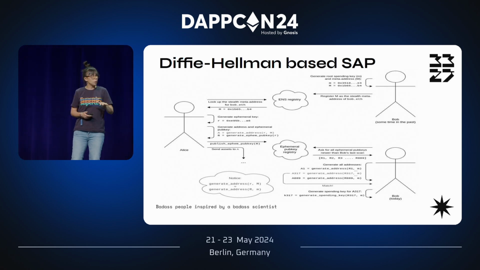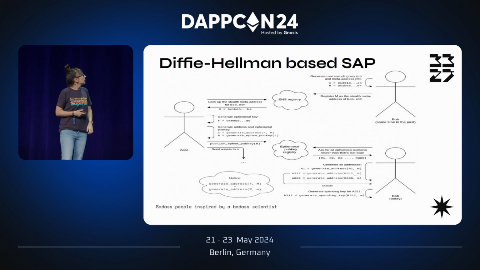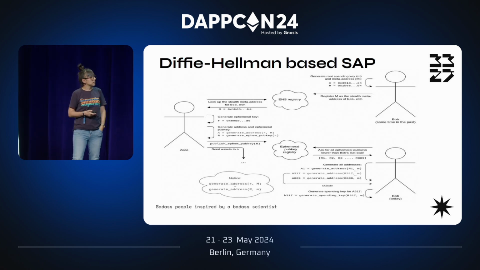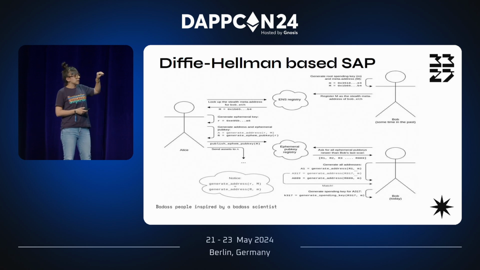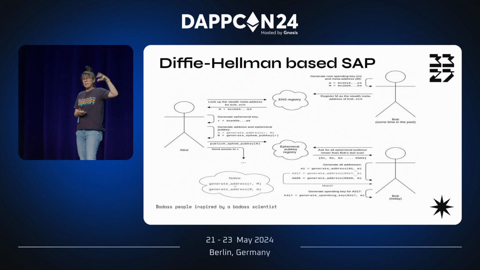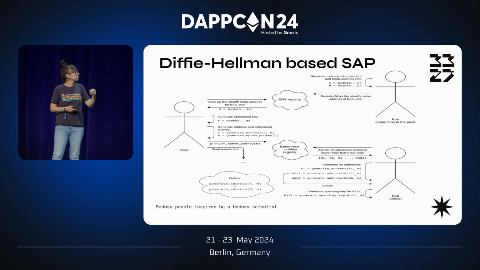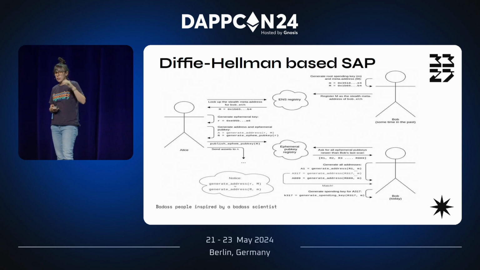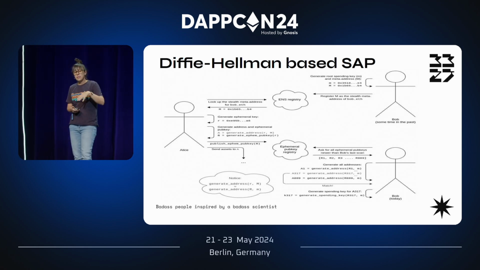Okay, so in order for Alice to calculate Bob's new address, she will go to this registry and find this stealth meta address of Bob. She will generate her pair of keys, the private one and the public one, and after that, she will add her public key in this ephemeral public key registry and send the money to Bob.